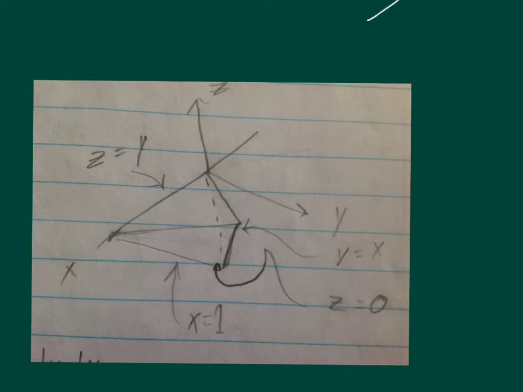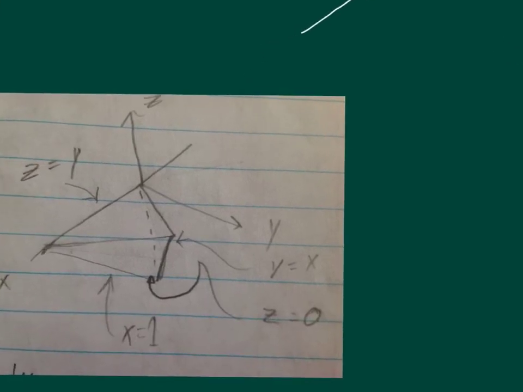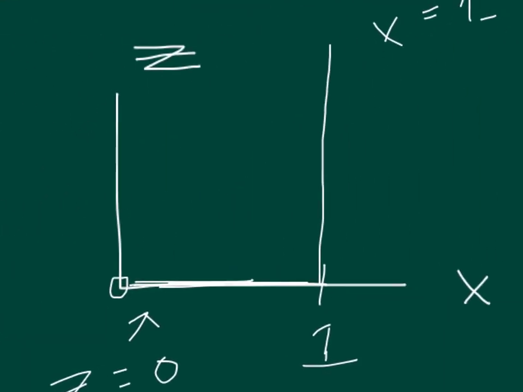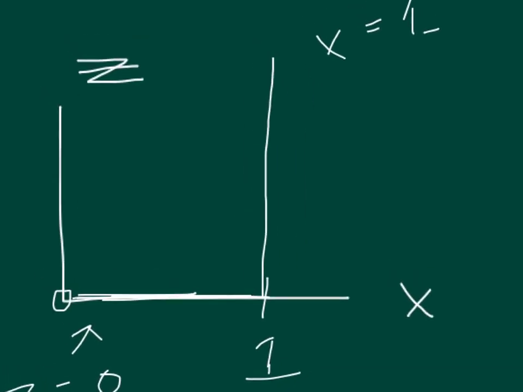And when y is equal to x is bounded at any point, if we were to project this line onto the zx plane, the actual translation of that would be the equation z is equal to x. So it would actually look like this.